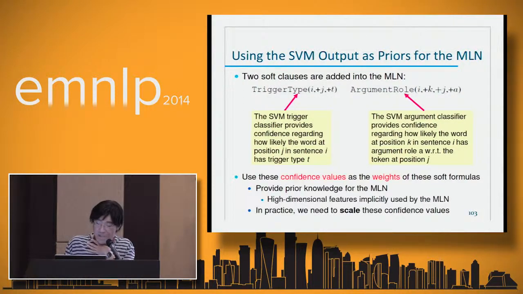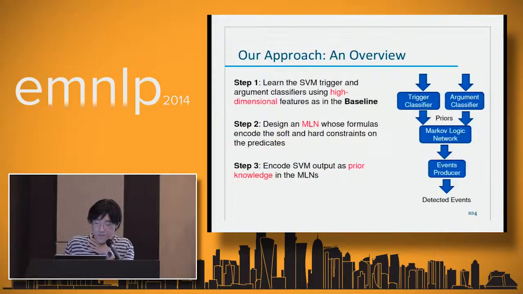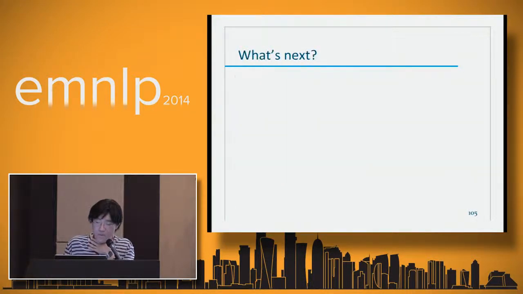And so you can see that they provide prior knowledge for the MLN. And in this case, the high-dimensional features are implicitly used by the MLN. And in practice, we need to scale these confidence values.